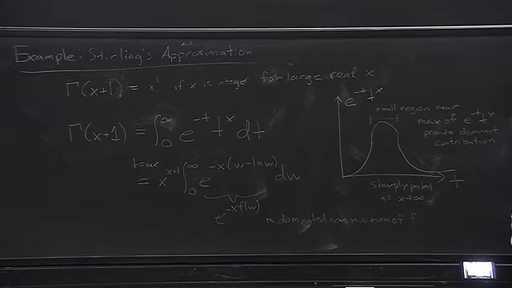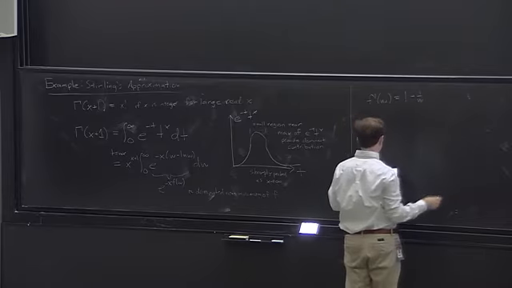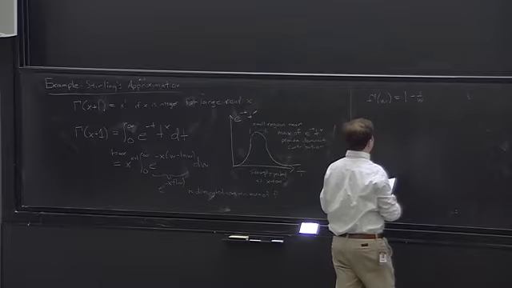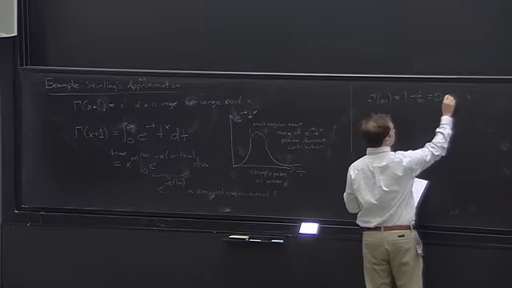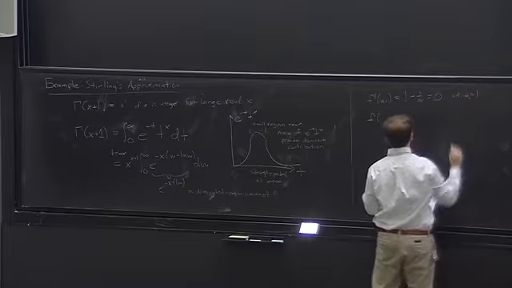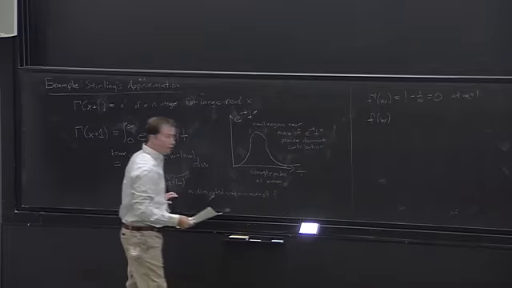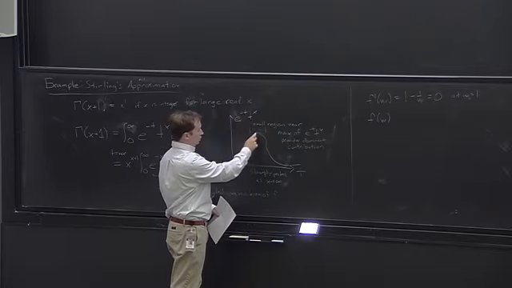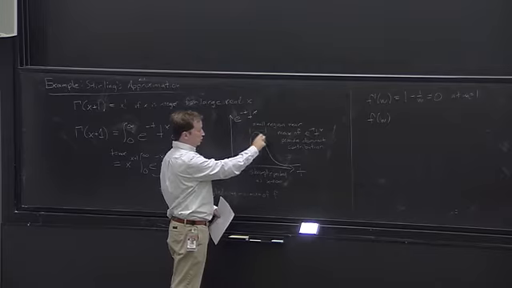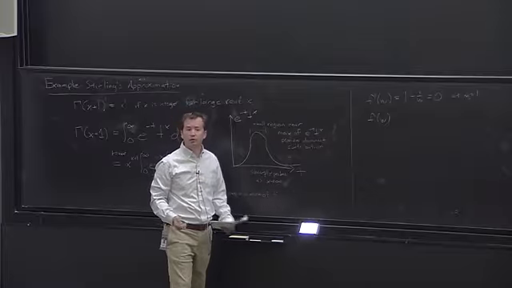F prime of w is 1 minus 1 over w. So this is 0 when w equals 1. So if we approximate f with its Taylor series around w equals 1, then we'll get most of the information about what the function is doing near where the integrand is highly peaked.